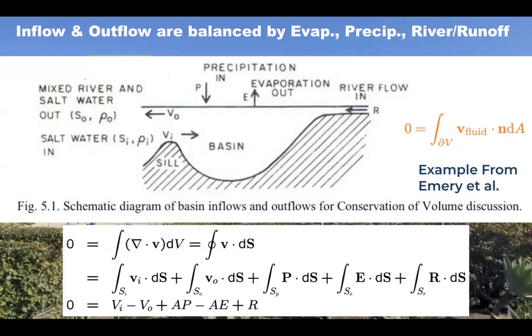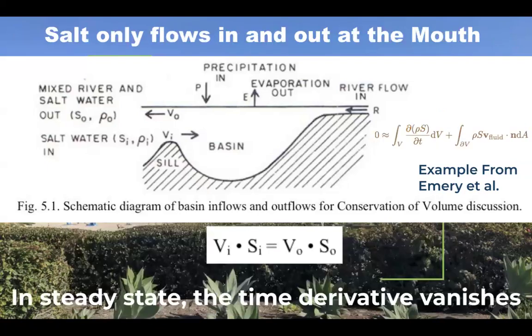Even though these are all fresh, some salt from here is making its way back out. And in steady state, the mass of salt going in has to equal the mass of salt going out in some sense. Okay? So that's what our salt budget is. Inflowing mass of salt equals outflowing mass of salt. Okay?